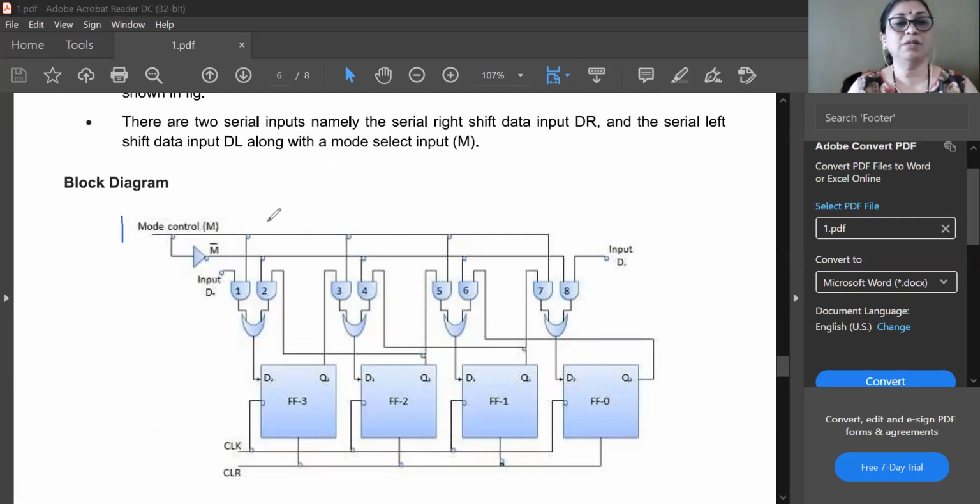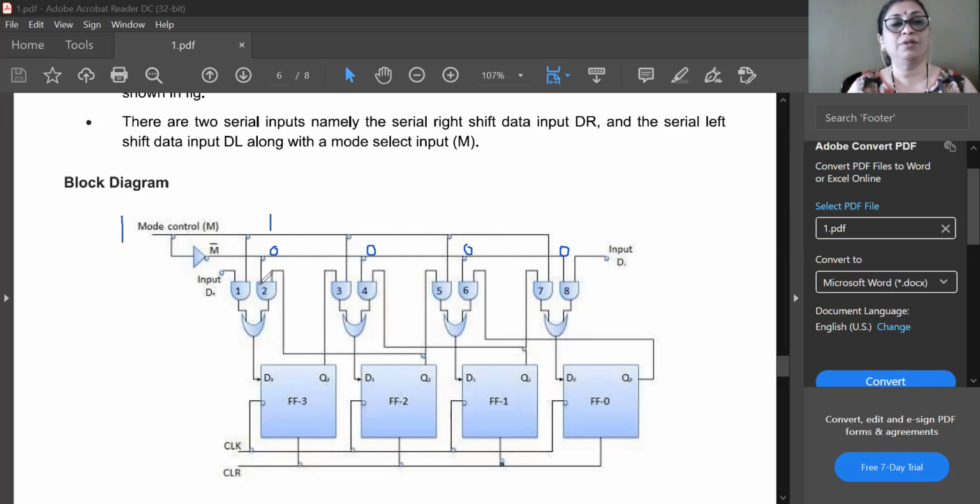When M is equal to 1, the upper line will be at logic 1 and the lower line will be at logic 0. As the lower line is at logic 0, one of the inputs of AND gates number 2, 4, 6 and 8 is 0.